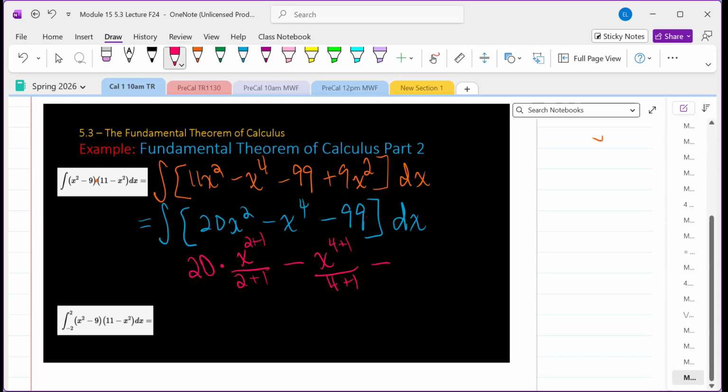Now the 99, the constant, has an invisible x to the 0. So then I can rewrite that as x to the 0 plus 1 divided by 0 plus 1. And then the last thing on my antiderivative is that there could be some arbitrary constant term.